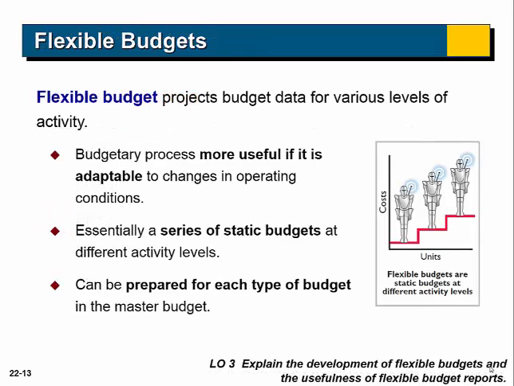A static budget does not modify or adjust data regardless of the changes in activity during a year. As a result, actual results are always compared with the budget data at the activity level used in developing the master budget. But what we're going to do is flex it for the actual quantity produced or sold, whatever the budget we're looking at happens to be.